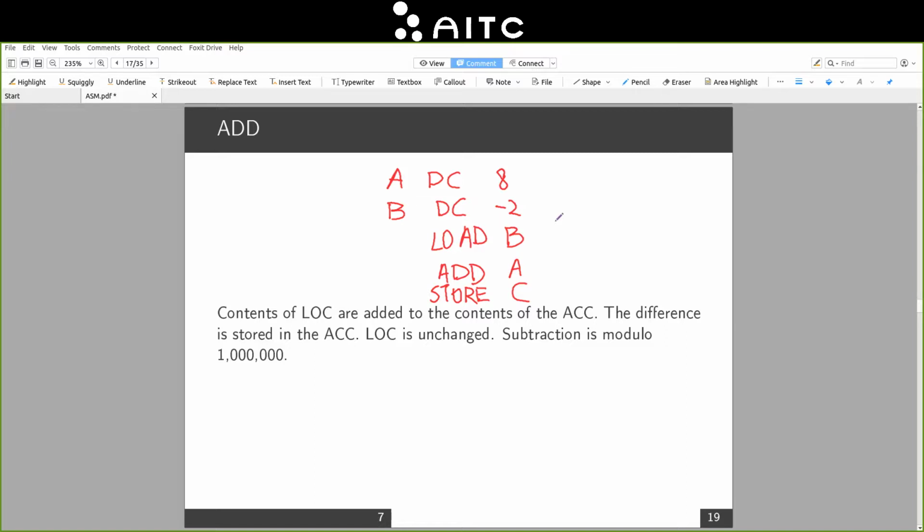Like translating it to C++, this means A equals 8.